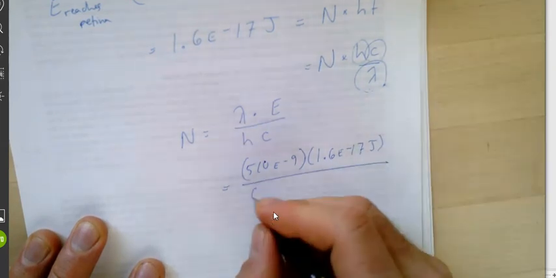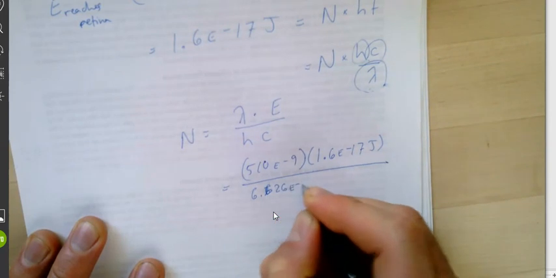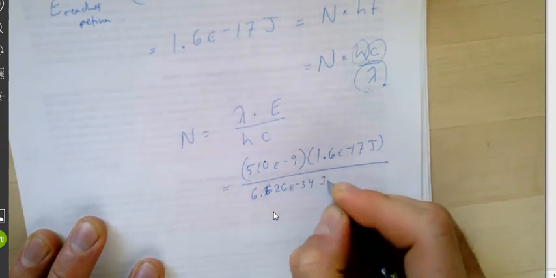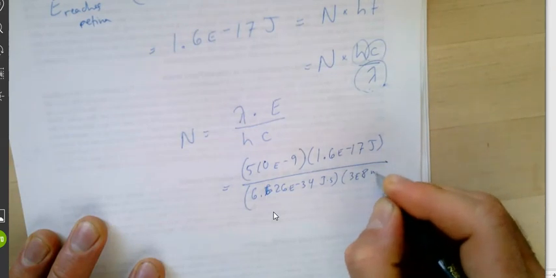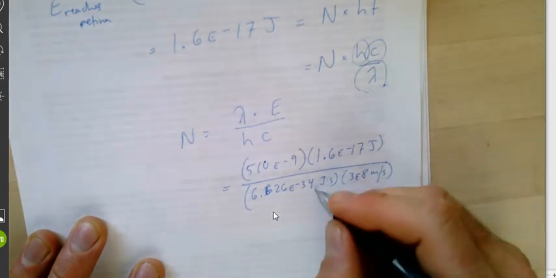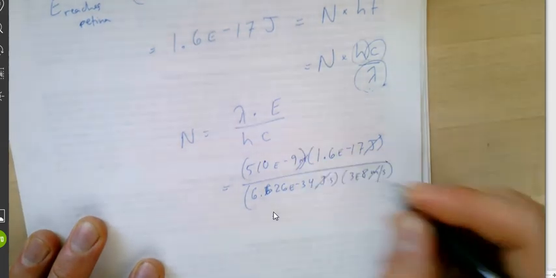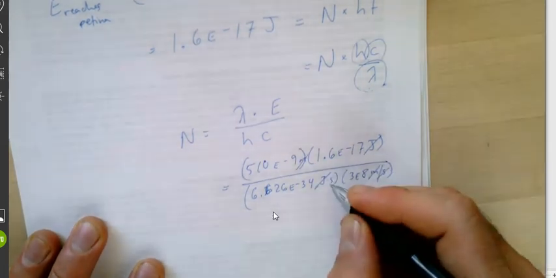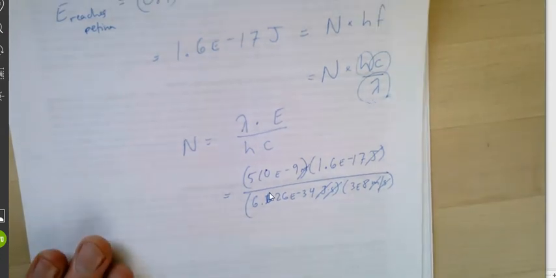And we're dividing by h, which in SI units is 6.626 times 10 to the minus 34 joules times seconds, and the speed of light, which is 3 times 10 to the 8th meters per second. So we have joules over joules, meters over meters, and then 1 over seconds cancels with seconds. There are no units left. It's just a number of photons.